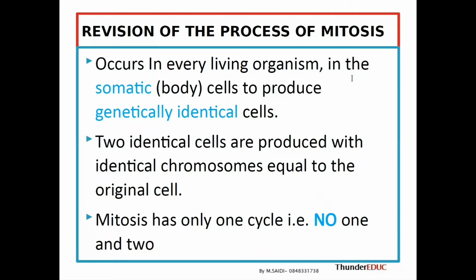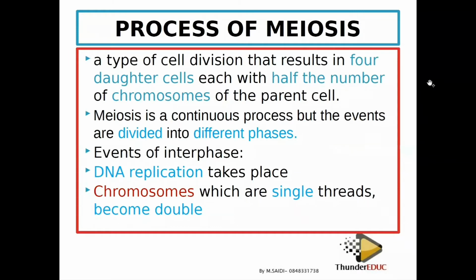Now let us move to another slide. The process of meiosis. It is a type of cell division that results in 4 daughter cells, each with half the number of chromosomes of the parent cell. Meiosis is a continuous process, but the events are divided into different phases. Okay, it's a continuous process.